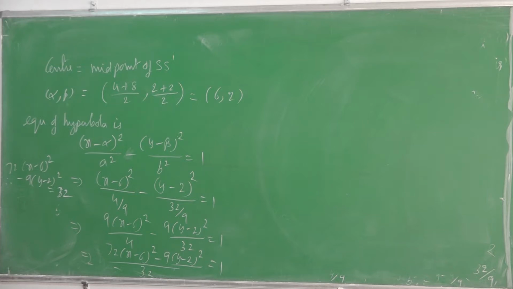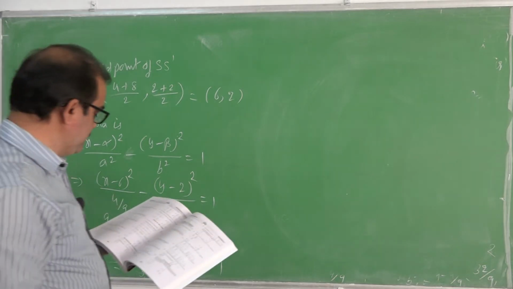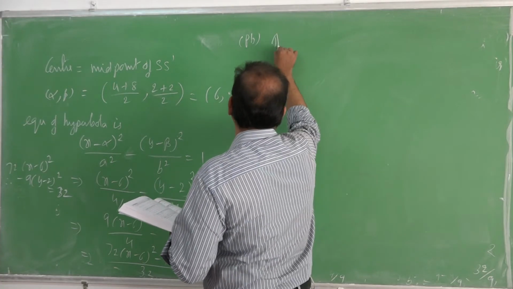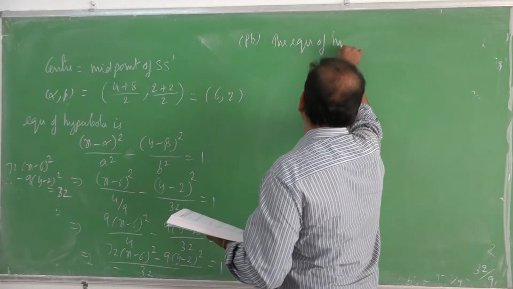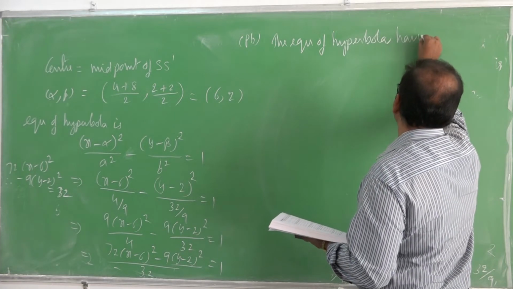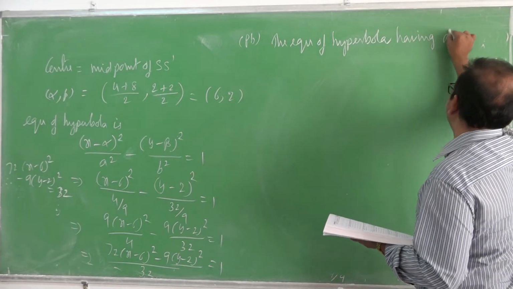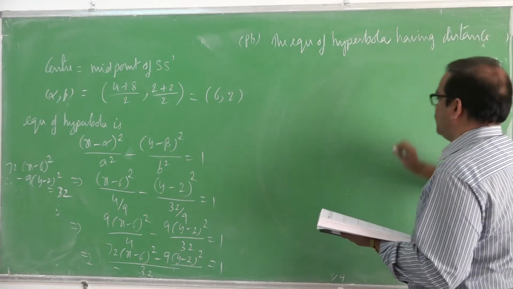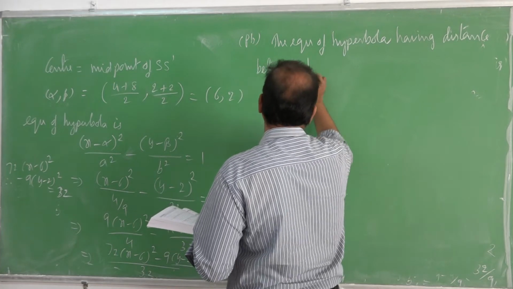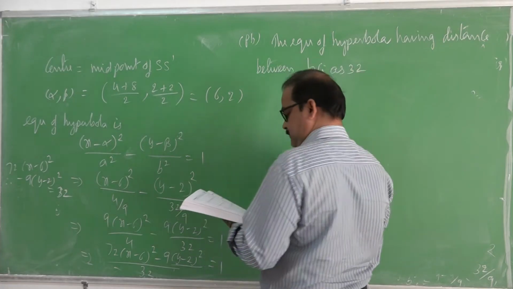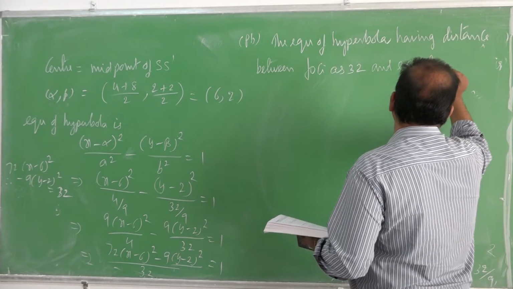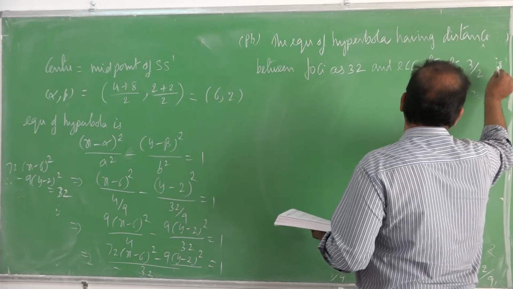Next, write the next problem. The equation of the hyperbola having a distance between foci 32 and eccentricity 2 root 2 is.